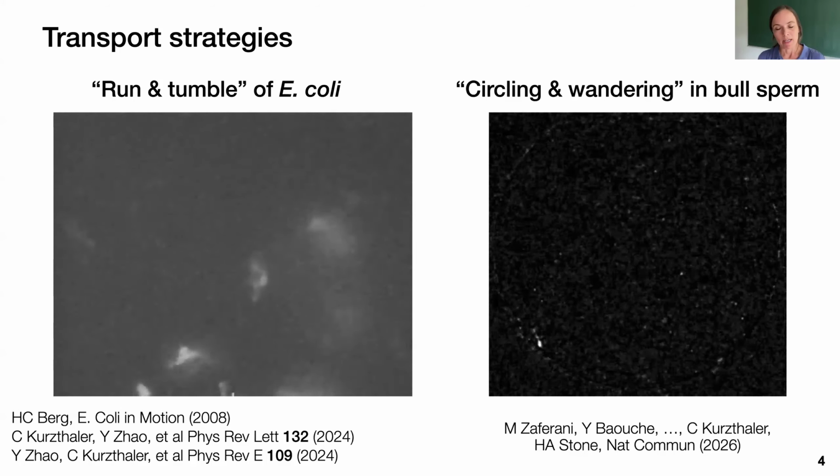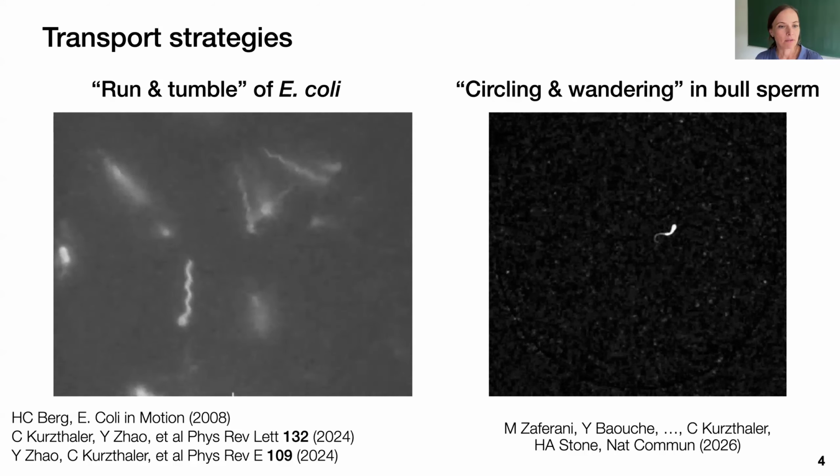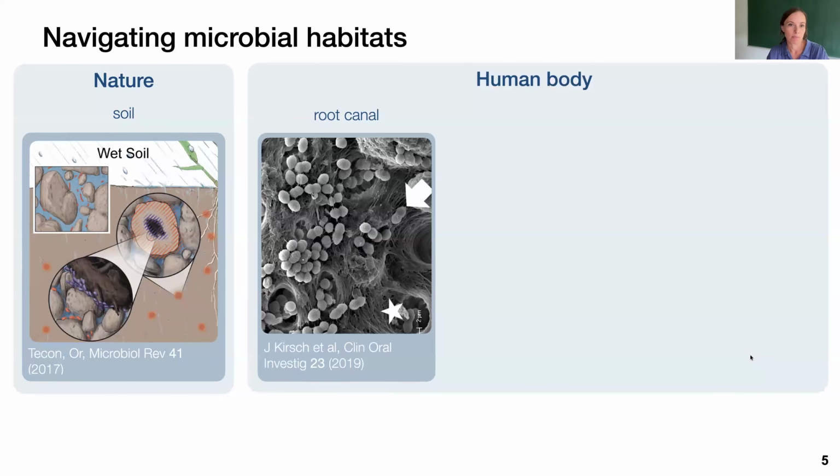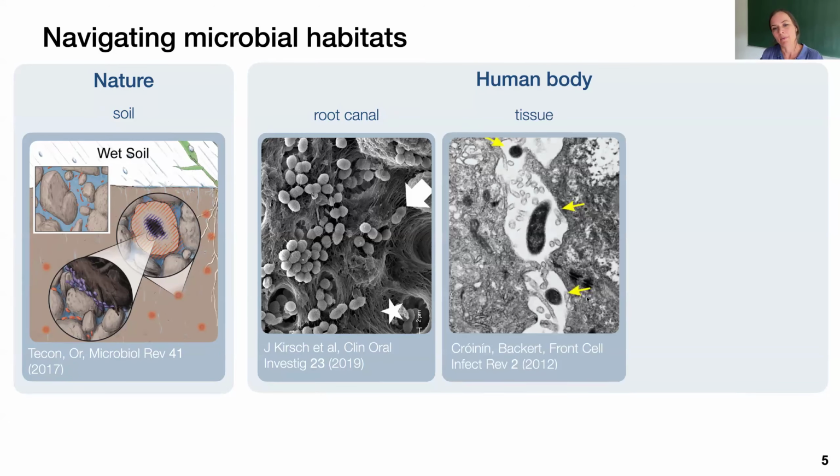Now, instead of just swimming in a free bulk environment, these microorganisms live in very complex environments, such as our soils, where they are important for crop growth. Many of them are in our body, where they have to squeeze through the narrow channels of our root canals in our teeth, as well as through tissues, and can ultimately lead to infections.